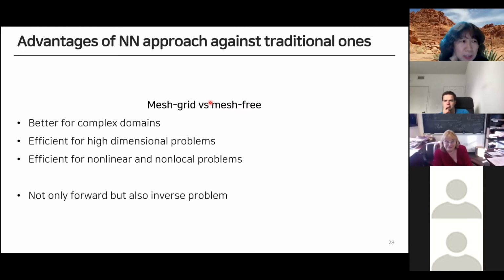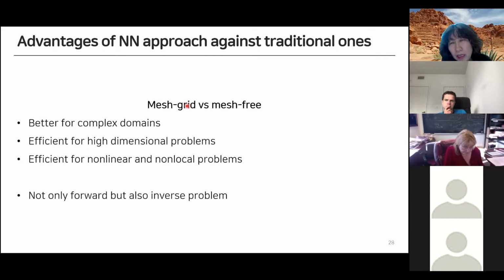Among others, I'll give you some important advantages of this neural net approach over traditional numerical schemes. The big difference between these two is, let's say, mesh grid and mesh free. This is a very big difference. Traditional numerical schemes, as I said, heavily depend on mesh grid points. This works very well in rather simple domains such as a rectangle or circle and so on.